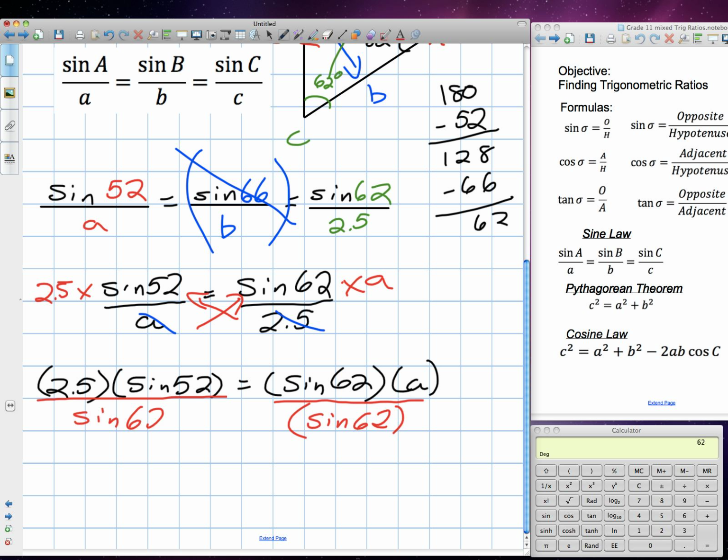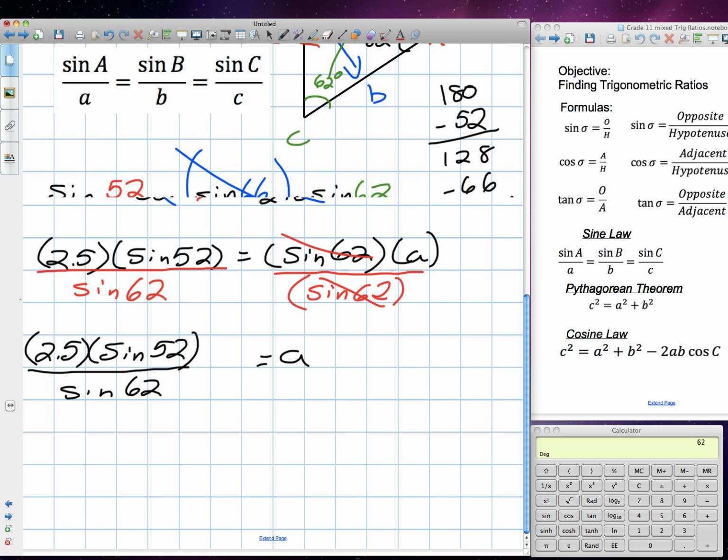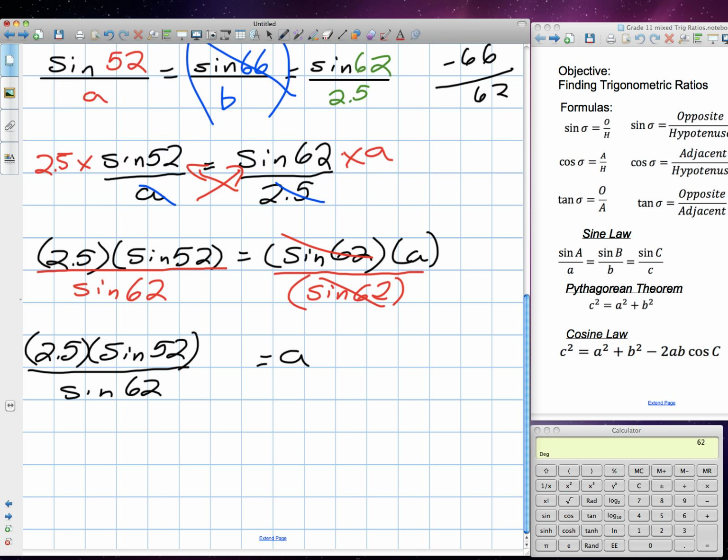These guys will cancel out. And I'm left with A is equal to 2.5 multiplied by sine 52 divided by sine 62.